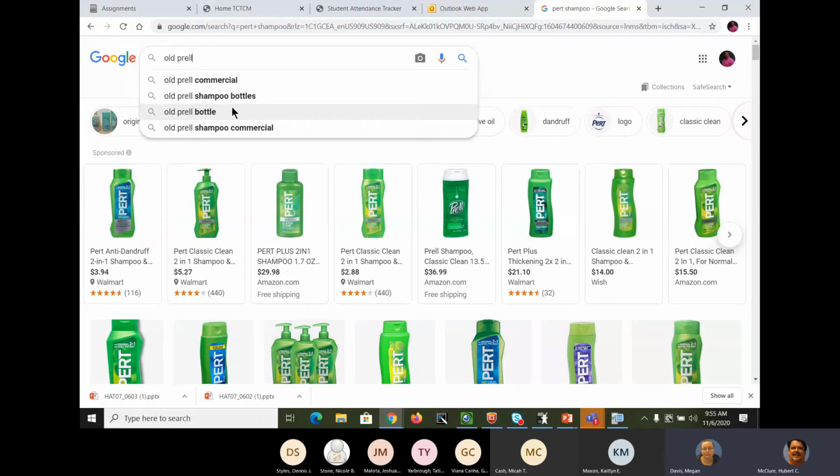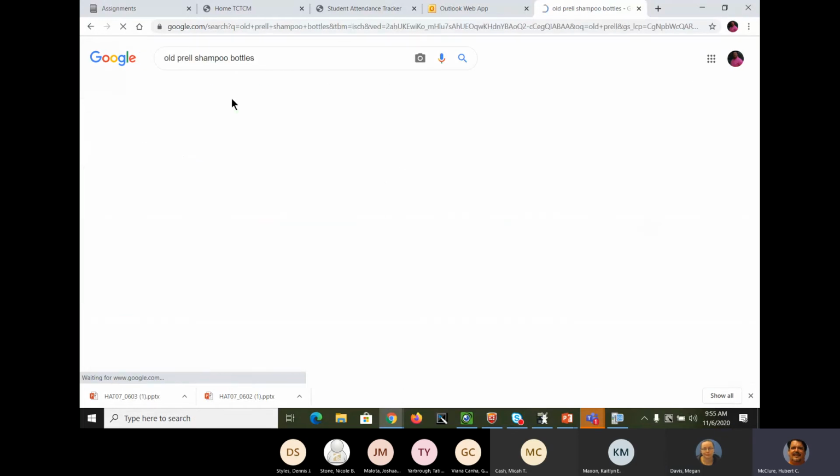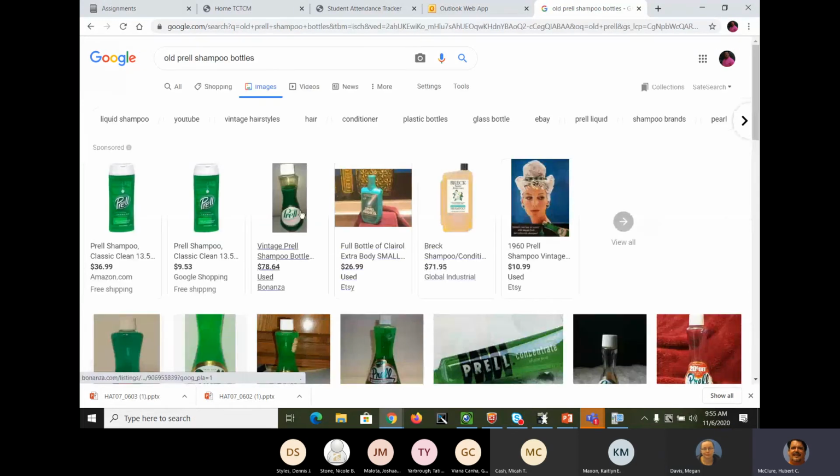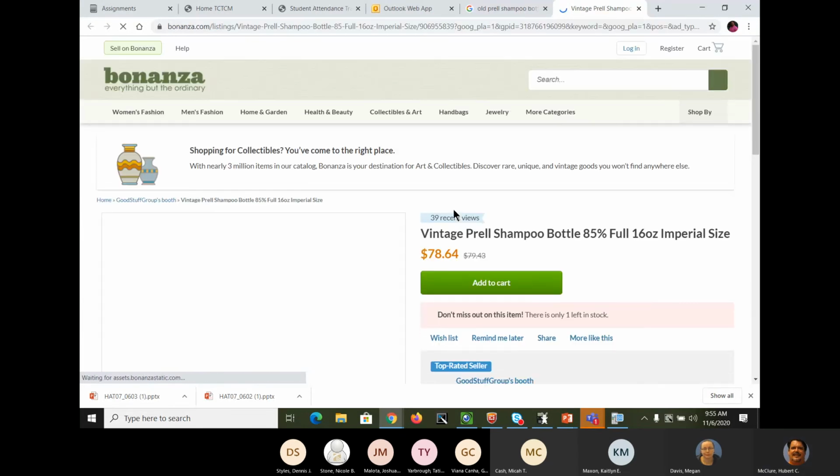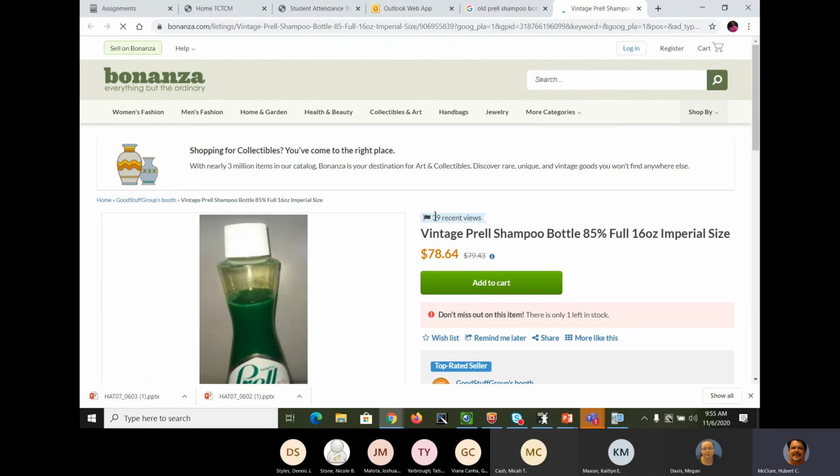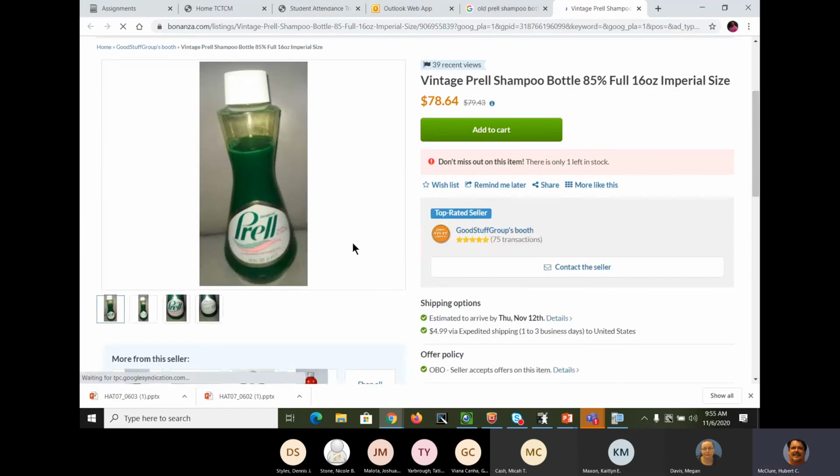Old Prell shampoo bottles. There it is. And that's what people wash their hair with. And then people say, well, why don't you add conditioner to it? And that's when they came up with Prell with conditioner called Pert.